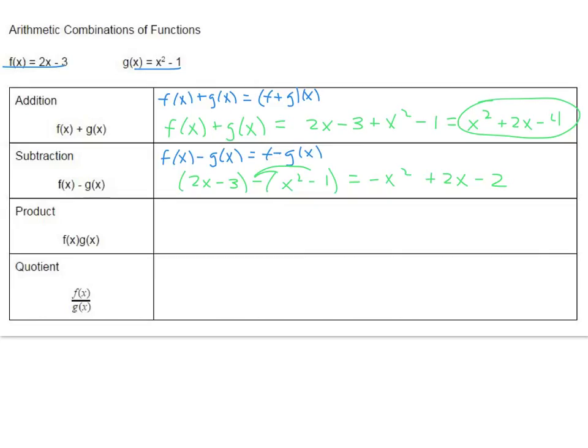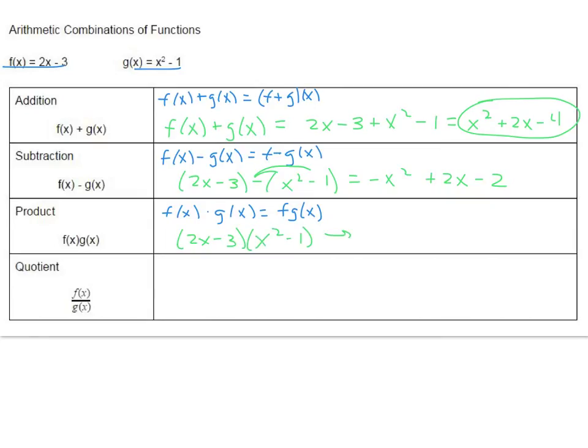Product works the same way. When I'm looking at f times g of x, or f of x times g of x, it's going to be written as f of x times g of x equals fg of x. And when I do that actual operation, it's going to be a distributive property situation. So 2x minus 3 times x squared minus 1.